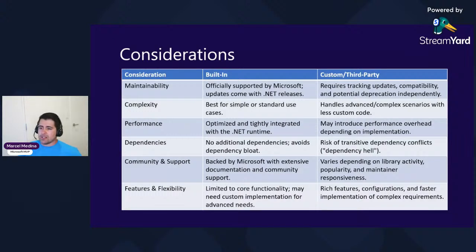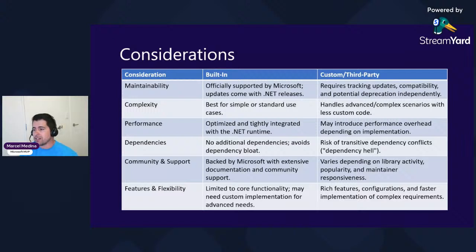Dependencies: with built-in, it's in there, so you don't have additional dependencies. With a custom NuGet package, you have additional references, right? This concept of dependency hell, you need to manage those dependencies. It's an additional consideration. Support of the community: aligned to what Alex mentioned, built-in is backed by Microsoft.